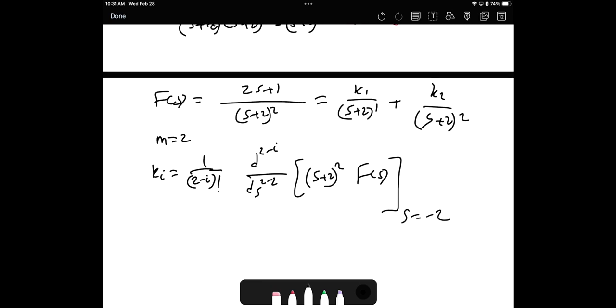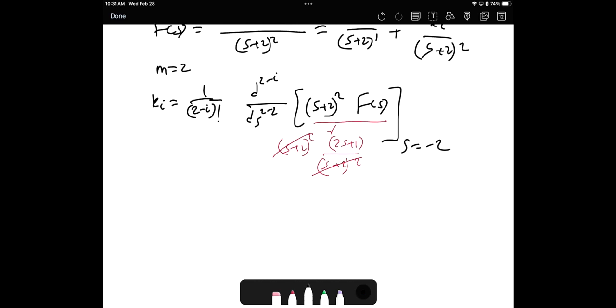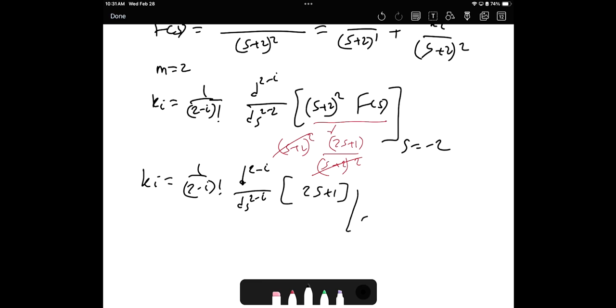Now (s plus 2) squared times F(s), which is inside the brackets, is (s plus 2) squared times (2s plus 1) over (s plus 2) all squared. This yields only 2s plus 1. Then k_i overall will be 1 over (2 minus i) factorial, times the derivative d^(2-i)/ds^(2-i) of (2s plus 1), then when s equals negative 2.